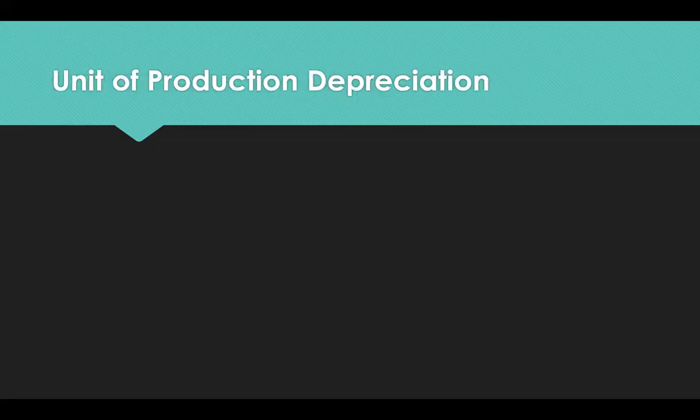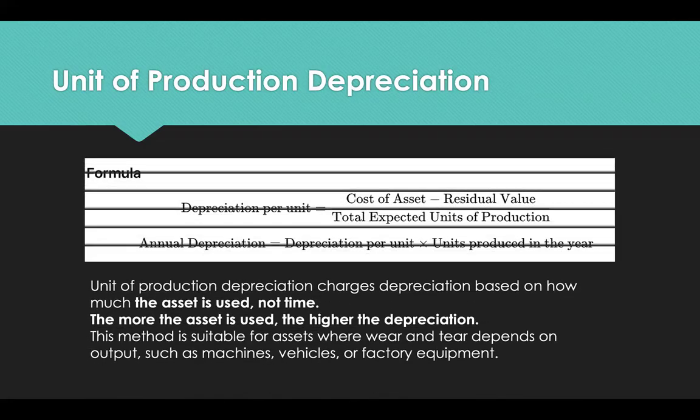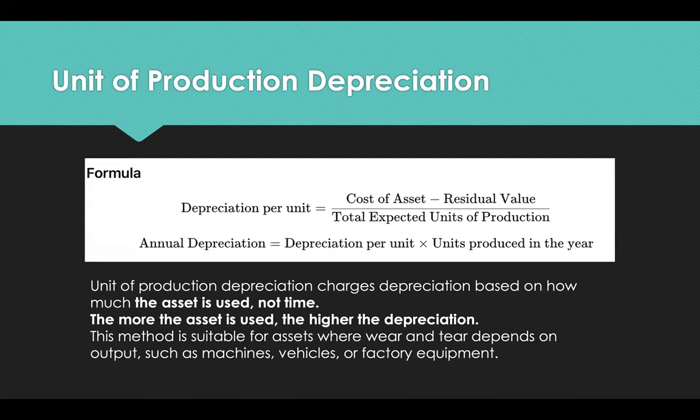Now we move on to the units of production method, which calculates depreciation based on actual usage rather than time. The more an asset is used, the higher the depreciation charge. This method is suitable for machines, vehicles, or equipment where wear and tear depends on output.